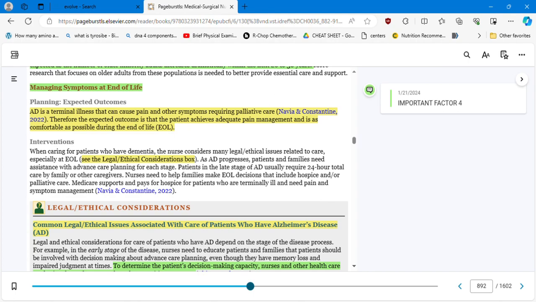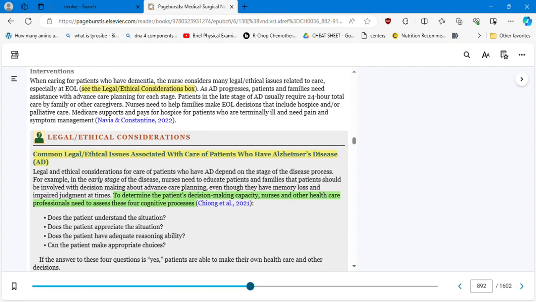And I used to work in hospice, and we have a lot of terminally ill patients with AD, and it was very painful, but we managed to provide appropriate pain management for them.